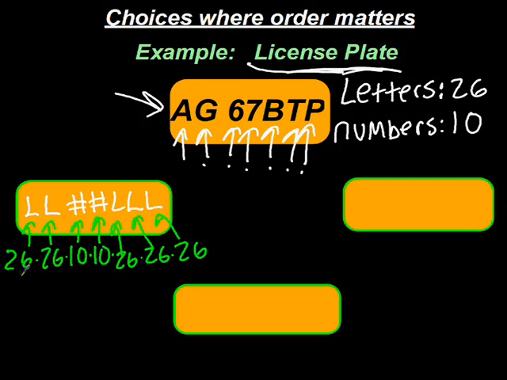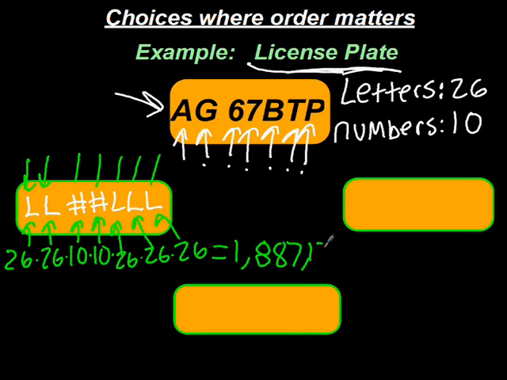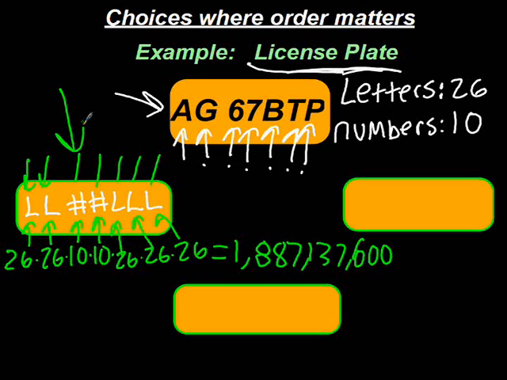Because we have different choices for all these slots, we multiply them all together to get the total number of possibilities, which ends up being 1,887,137,600. Wow, that's a lot of different possibilities for this type of license plate.